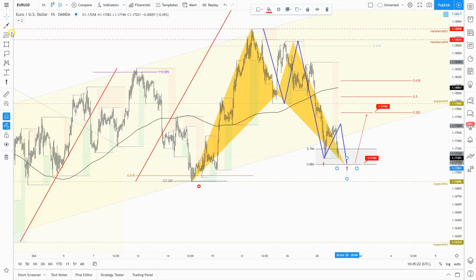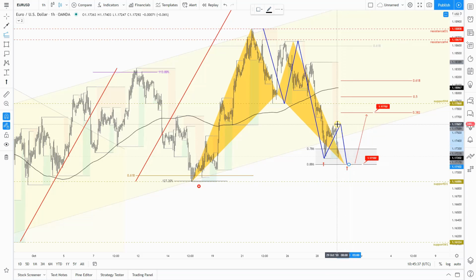What I will do from here, I will push my extension tool and I will measure the very last swing low. So the market will complete the pattern at 88% fib, and this is pure speculation, okay?